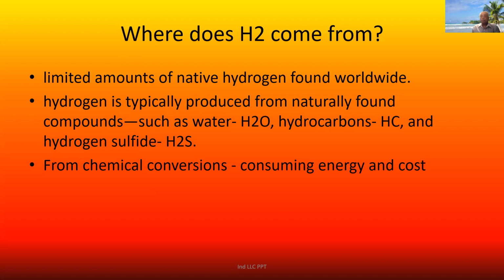But these have to be chemically converted, applying energy and additional cost of producing the hydrogen. It is almost similar to any metallurgical production of metals, which are also usually found as oxides or sulfides in most cases that we know of in the metallurgical industry.